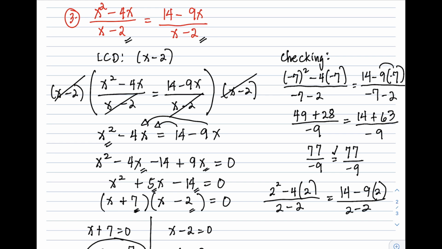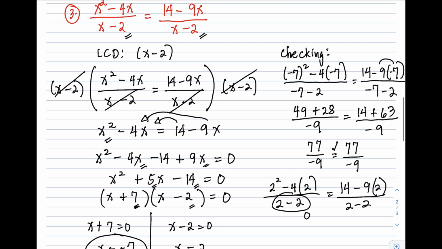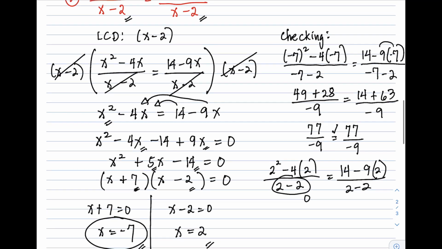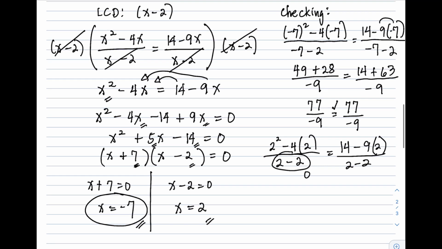So dito guys, as you notice, yung denominator natin na 2 minus 2 is magiging 0. So meaning magkakaroon tayo dito ng undefined. So therefore, si positive 2 ay hindi solution ng ating equation, meaning si x equals 2 is an extraneous solution.